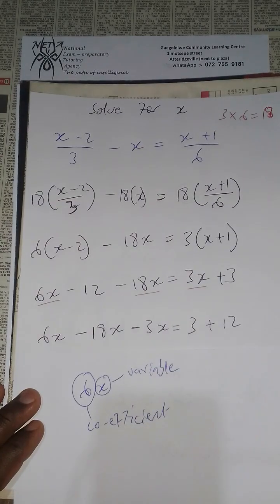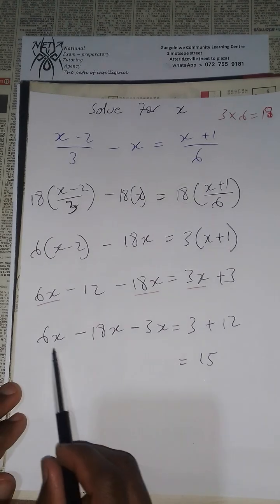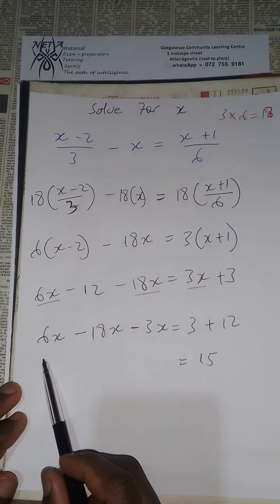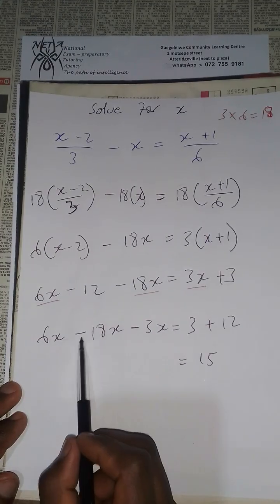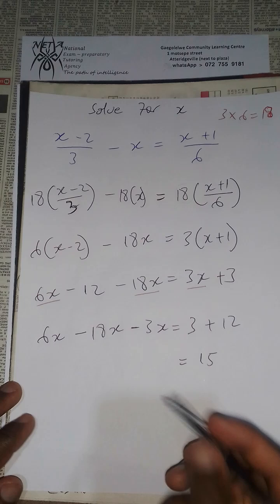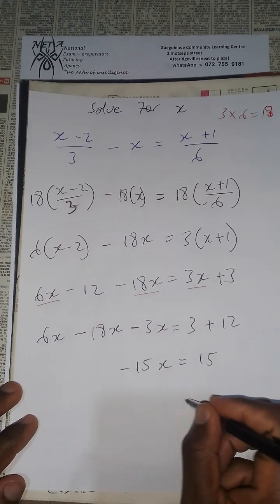Any number that is before our variable, which is x, is what we call a coefficient. Now whenever we add or subtract, we just punch on the calculator your coefficients. Therefore you're going to say 6 minus 18 minus 3, which is negative 15, and you retain your x.